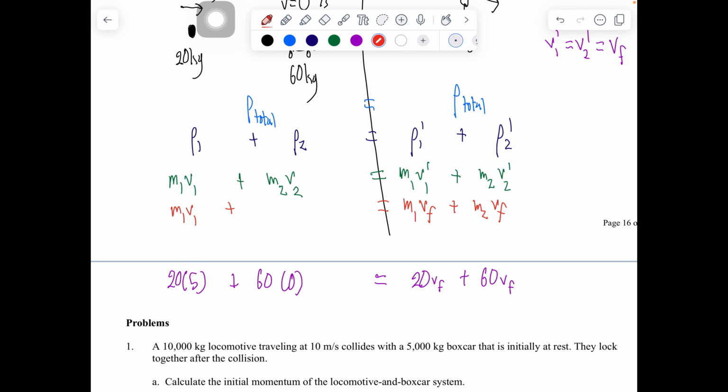Nothing over here is changing. It's still two separate objects, and they're colliding. But afterwards, they end up with the same velocity. This means you can pull out a velocity and just combine the objects. This is m1 plus m2. Treat them as one object. They're traveling at the same velocity. Left-hand side still stays the same. Missed this 2 right here.